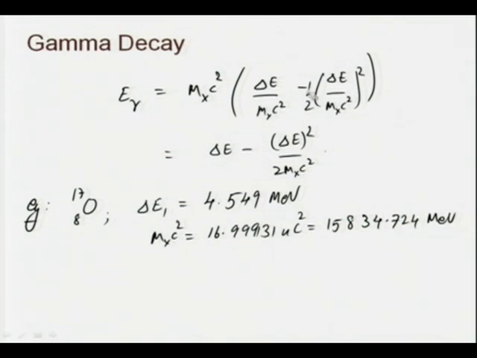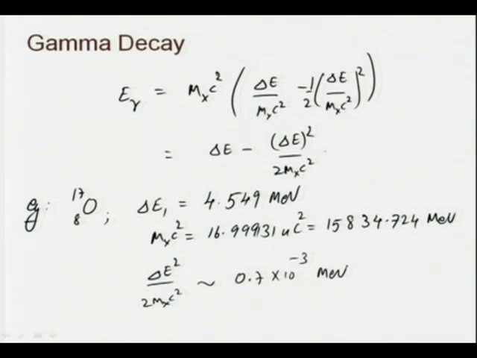So, I think there is no factor of 2 here maybe. If I consider the correction from delta E square over 2 mx c square, it is approximately 0.7 into 10 power minus 3 MeV, about 700 electron volts.